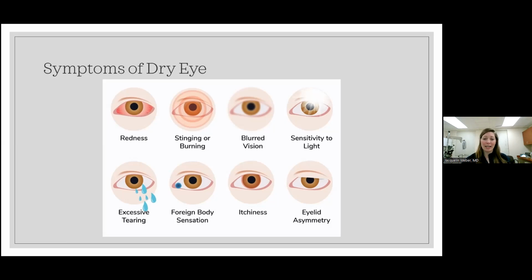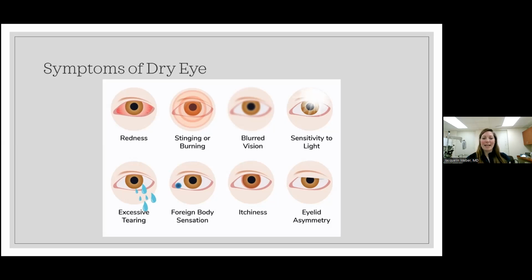Sometimes there's sensitivity to light, so feeling like you step outside and the sun is really uncomfortable, or sometimes fluorescent lights can also trigger a lot of sensitivity to light. Occasionally, there can be a component of dry eye that's causing that. There can also be tearing, which many patients come in with, and when I talk with them and examine their eyes, they say, I have lots of tearing. I can't possibly have dry eyes.